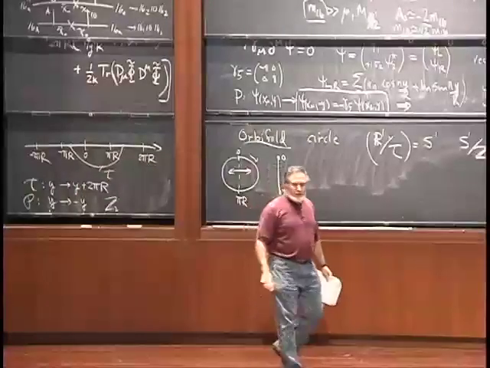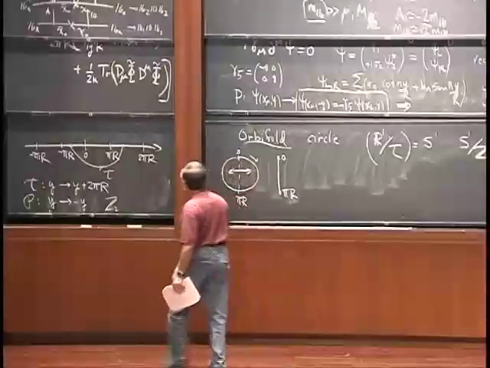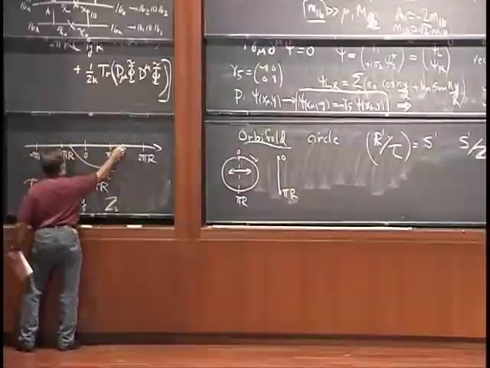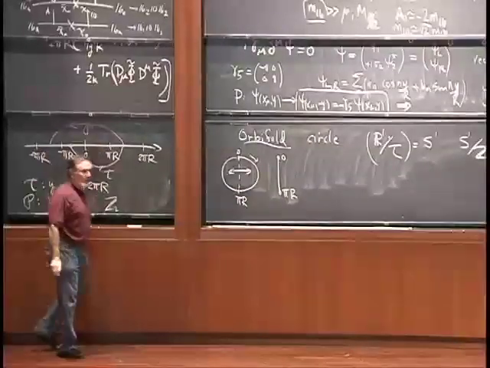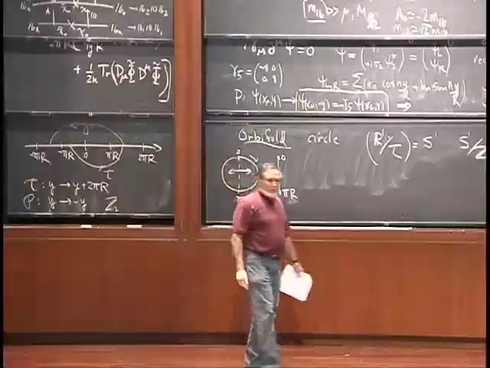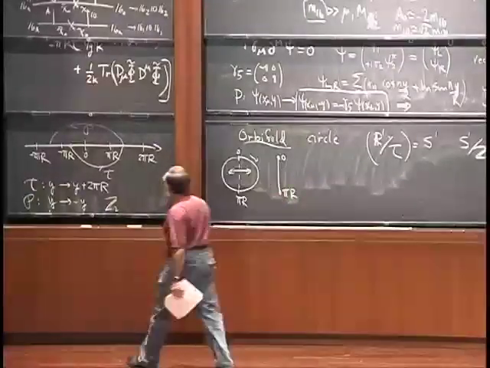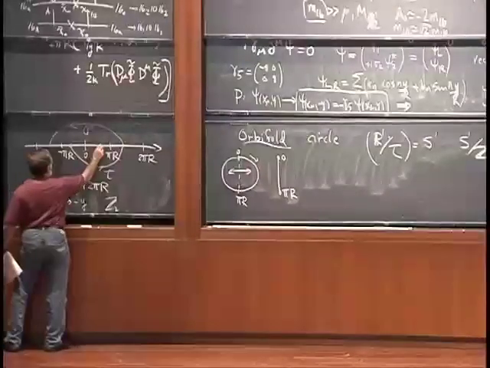Okay? If I take that point now and do a parity operation on it, it gets mapped over to here under the parity operation. If I now do another translation on the resulting point by 2 pi r, I go from here to here.